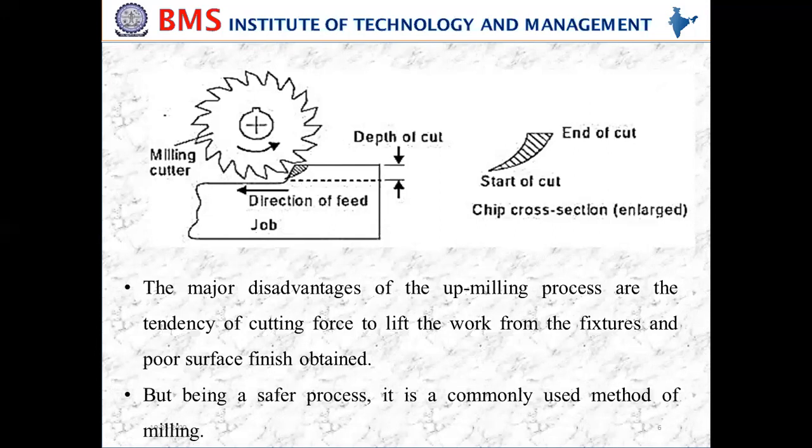The thickness of the chip at the beginning is small, and as it goes to the end, the chip thickness increases. So the thickness of the chip is minimum at the beginning of the cut and reaches a maximum when the cut ends. In up milling, the cutting force is directed upwards.